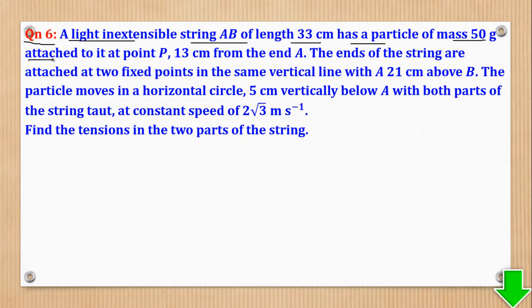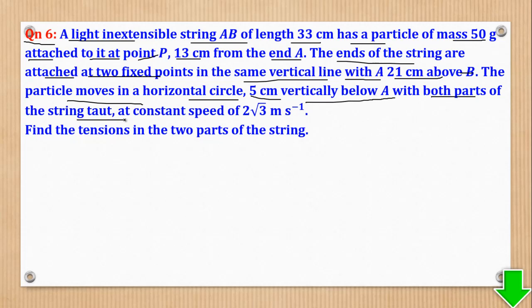So if you don't realize the difference, in question 5, the previous question, they said threaded, but now here they are saying attached to it at point P, 13 centimeters from end A. The ends of the string are attached to two fixed points in the same vertical line with A 21 centimeters above B. The particle moves in a horizontal circle 5 centimeters vertically below A with both parts of the string taut at constant speed of this.